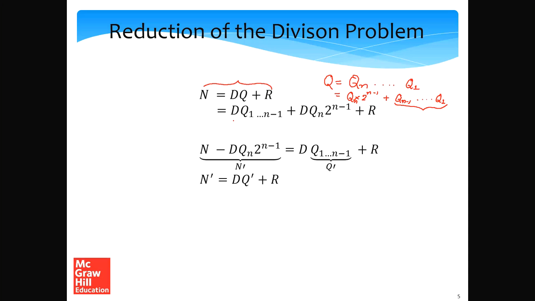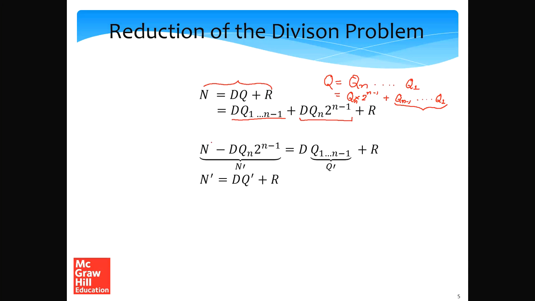If I break the quotient in this way, I have one component which is the first n minus 1 bits of the quotient, and one more component which is the divisor times this thing. And this thing is qn, the MSB of the quotient, the most significant bit, times 2 raised to the power n minus 1, plus the remainder r.